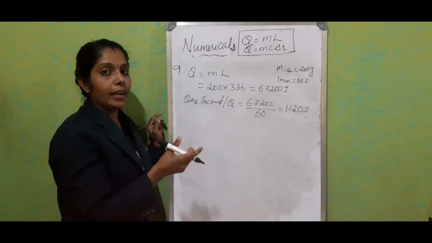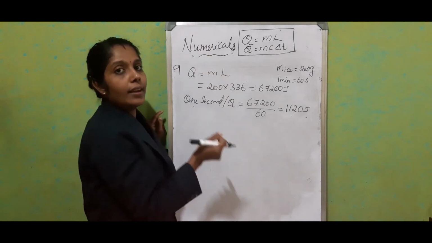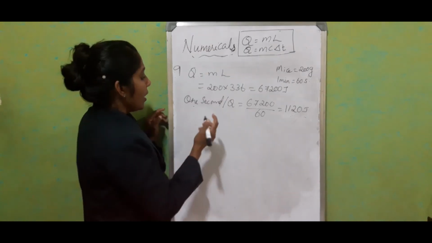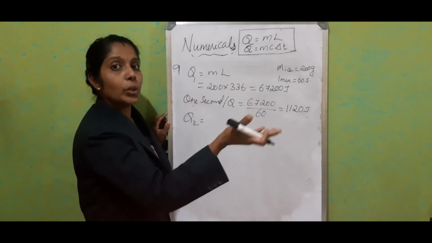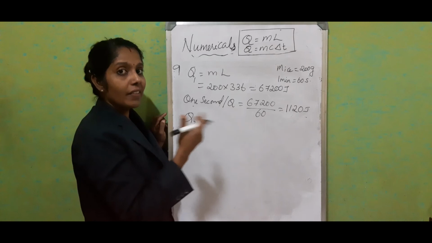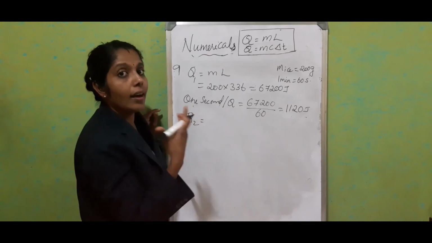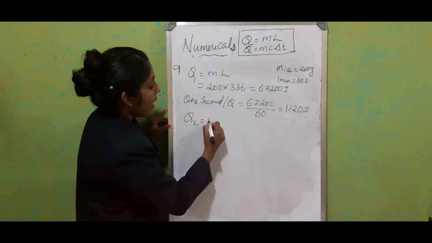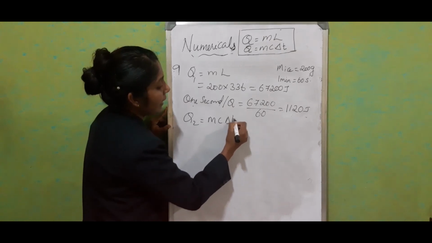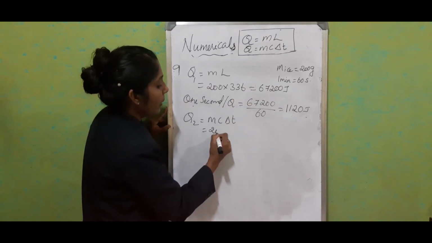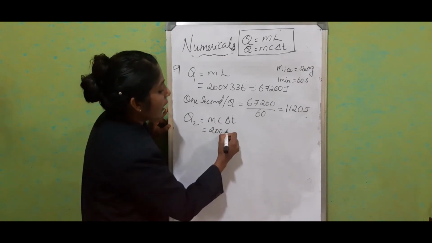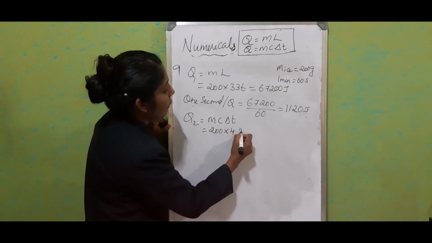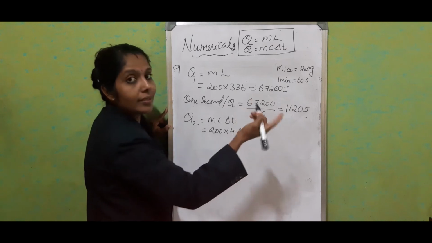Now we have to find out how long it takes to reach 20 degrees Celsius. So second, the temperature changes from 0 to 20 degrees Celsius. We'll find out the total amount of energy. mc delta T, mass is 200 because the same quantity of ice is melted. 200 into 4.2 into the change in temperature, 0 to 20.